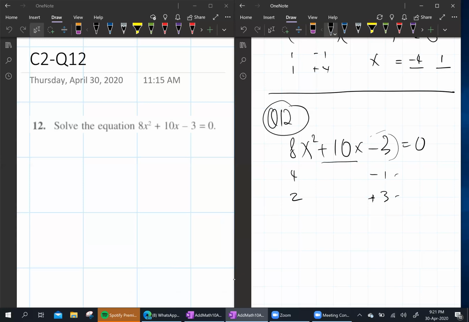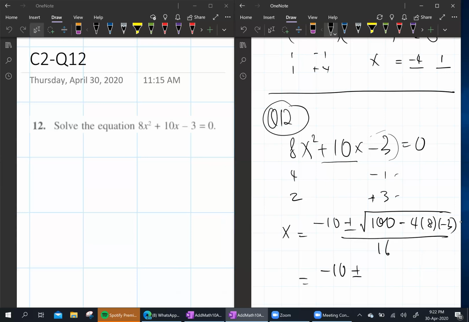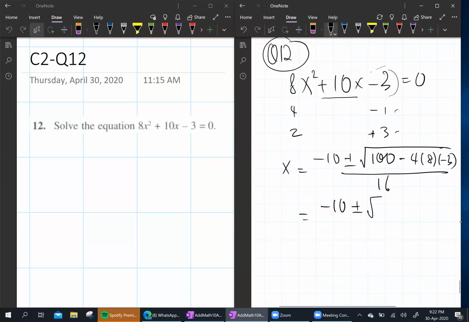Okay, so if you use the formula, x equals to minus b, b is minus 10, plus minus root of b squared minus 4ac, a is 8, c is minus 3, over 2 times 8 is 16. So it's minus 10 plus minus root of 96. Minus 4 times 8 times 3 is 96, over 16.